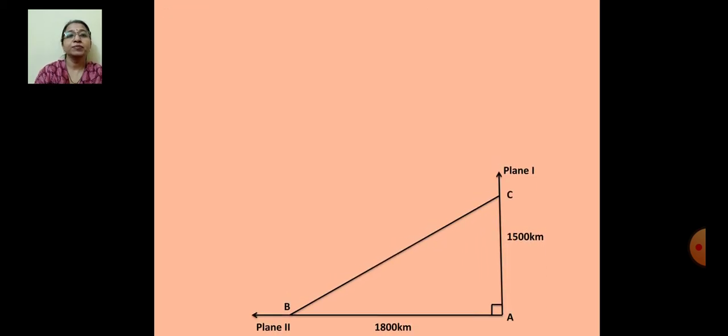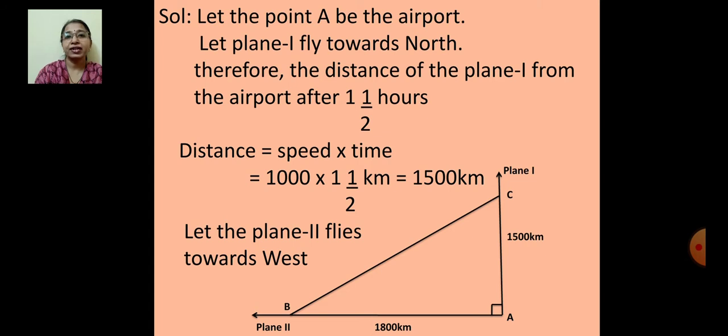So diagram again. Let us describe the diagram in short. Let A be the airport. Let plane 1 fly towards the north direction. So this is your north direction. Therefore, the distance of plane 1 from the airport, that means we are calculating AC distance. See, speed is given to you, time is given to you, and we know the relation between distance, speed and time.